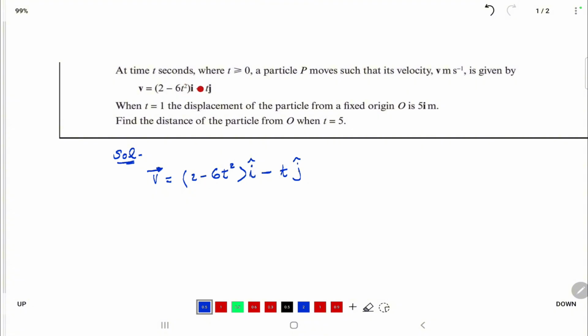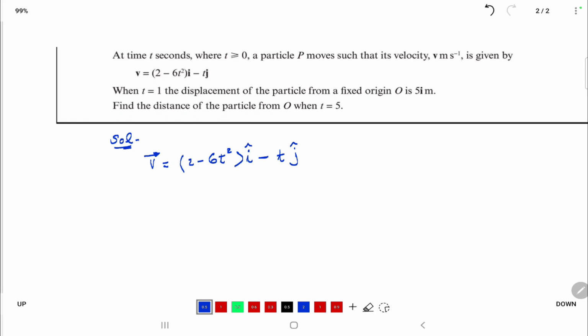Here in the book, it is typed as bold, but when handwriting, we put the vector with a hat like this. So this v, the vector v, at the same time equals dr by dt.